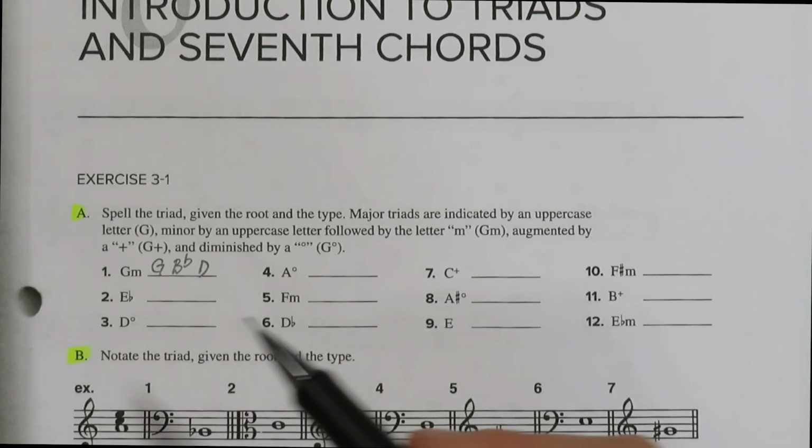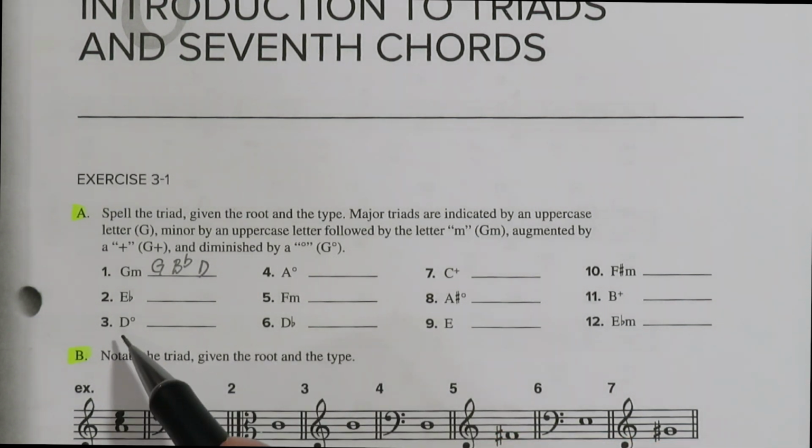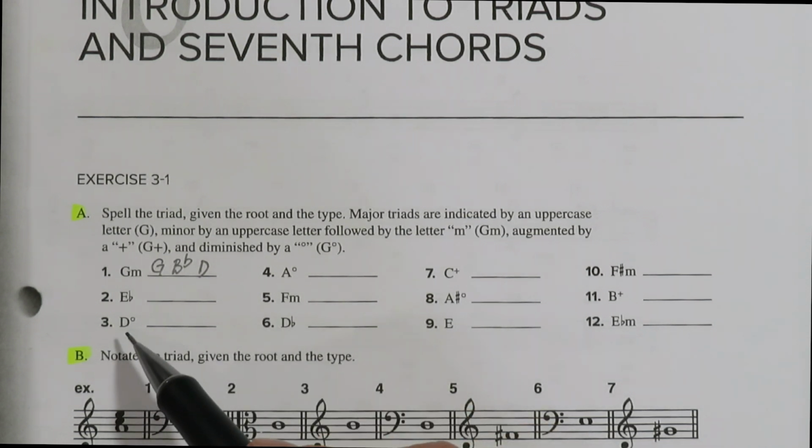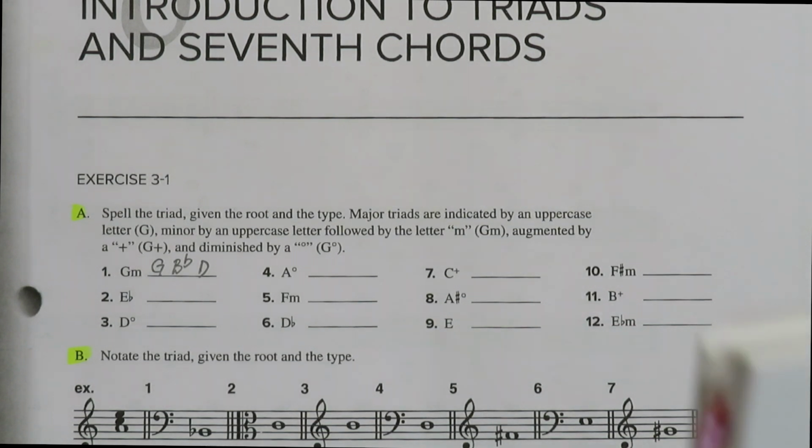Now let's look at this one. D diminished. Okay, so we know that a diminished chord is closer to a minor chord, right? Whereas an augmented chord is closer to a major chord, right? So let's stack it up, starting on D, and we'll build our thirds.